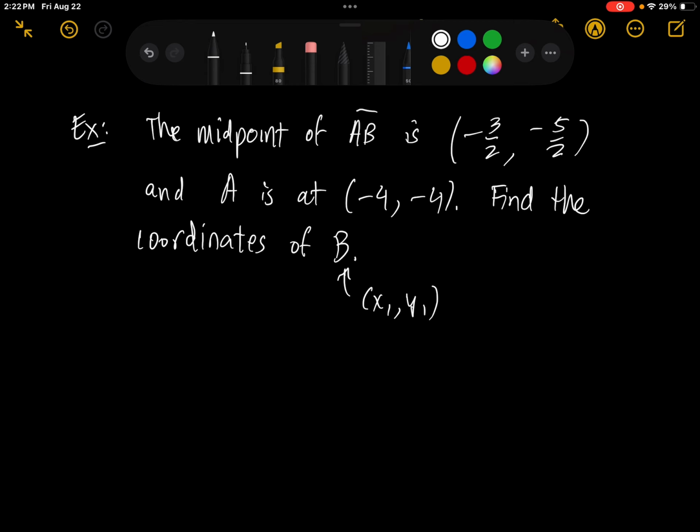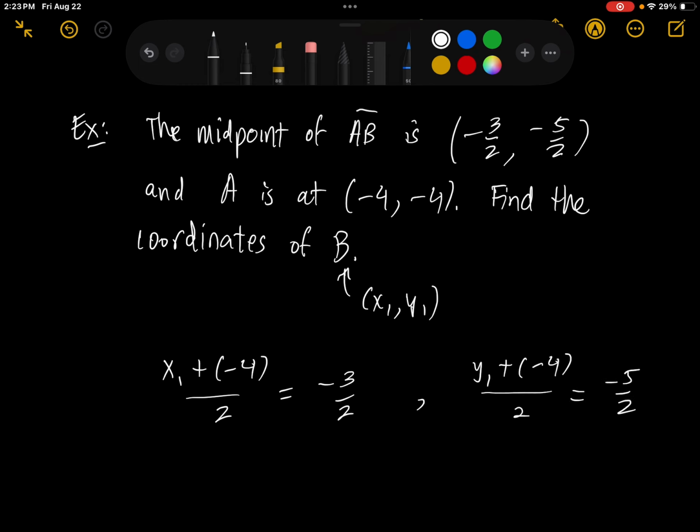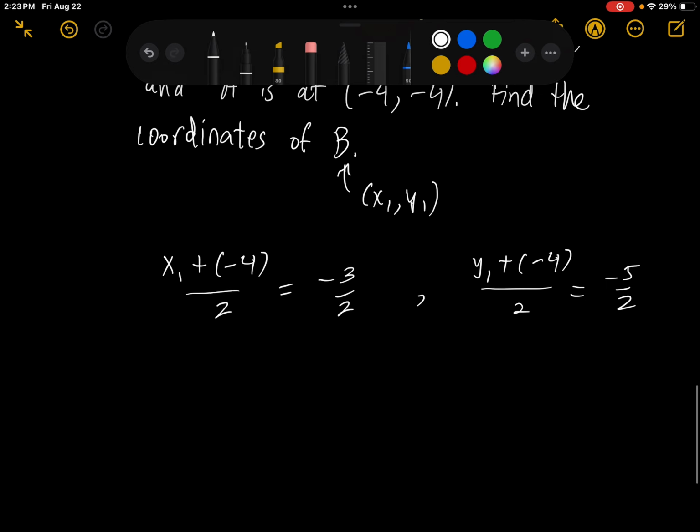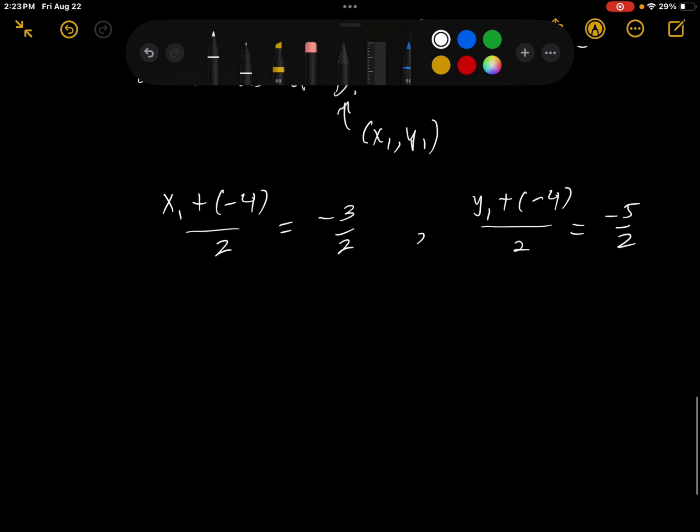So x1 plus negative 4 over 2 is equal to negative 3 over 2, and y1 plus negative 4 over 2 is equal to negative 5 over 2. That's from the midpoint formula. And we can now solve for x1 and y1.